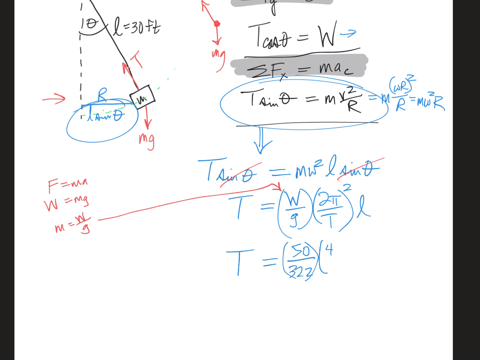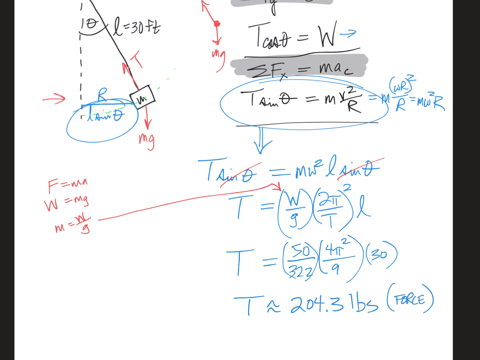The quantity 2 pi squared will be 4 pi squared. The period was, I think, 3 seconds. Yes. Once around the tower every 3 seconds, so 3 squared is going to be 9. I'm leaving the units out. And the length was 30 feet, so I can just use 30 since it was all feet. And so that means we're going to have 204.3 pounds of force.